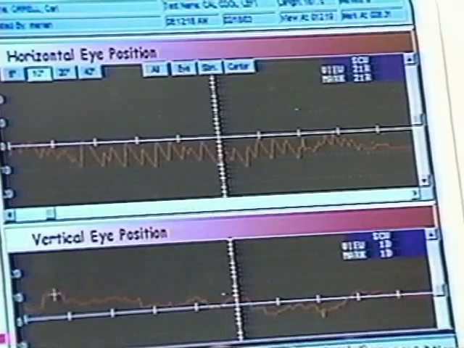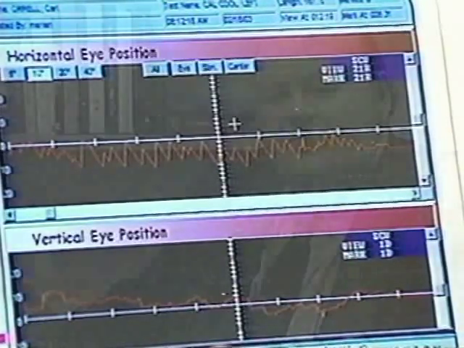In addition, there is no vertical response in this particular subject in the left ear, which is a normal finding. This again demonstrates normal caloric response to cool stimulation on the left.